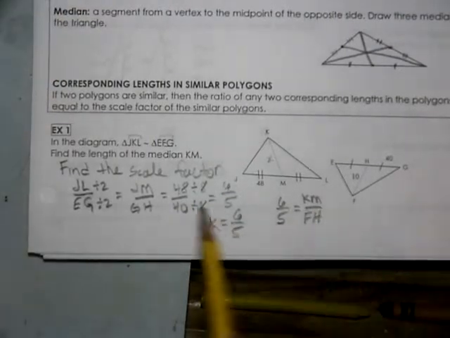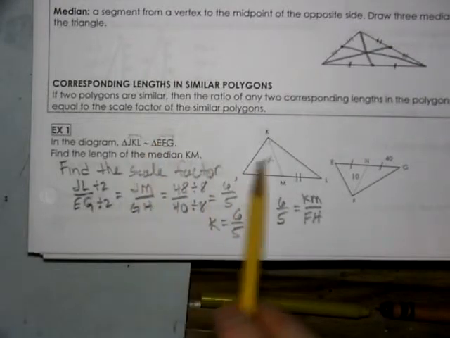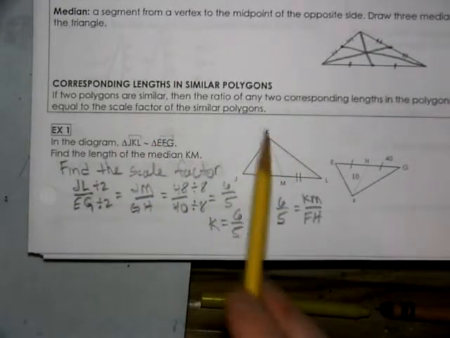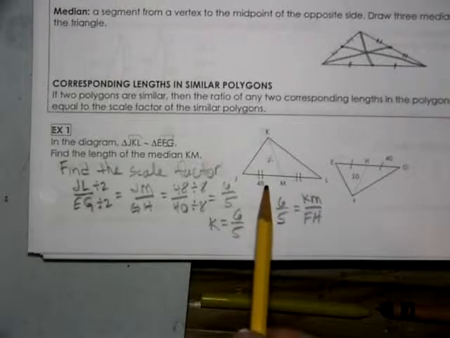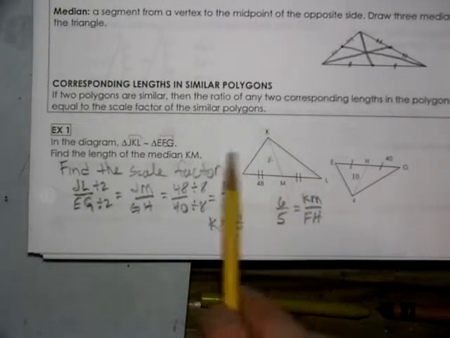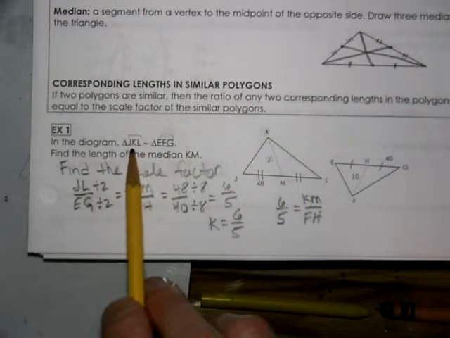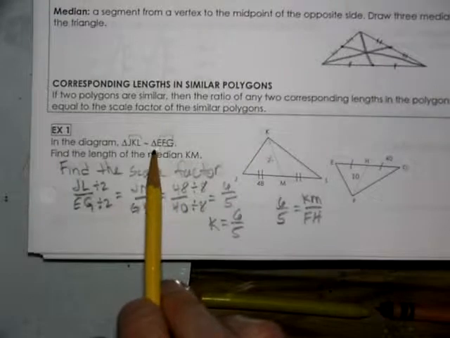Now those M and H are not part of the similarity statement because that's not one of the vertices of these triangles. It's just a median. It goes to the midpoint. That point, or any of the midpoint locations of the sides, they're not going to be located on your similarity statement.